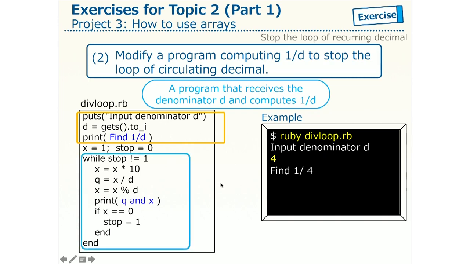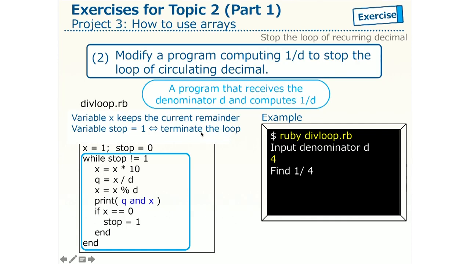The main computation is done in this part. Here, there are two important variables. The variable x is used to keep the remainder that is just obtained, which is in fact the next dividend. So initially, it is set to 1 here because we are going to compute 1 divided by d. The variable stop is used to remember the status of whether the calculation should be stopped or not. We use its value to determine whether the while loop repeats the next round.